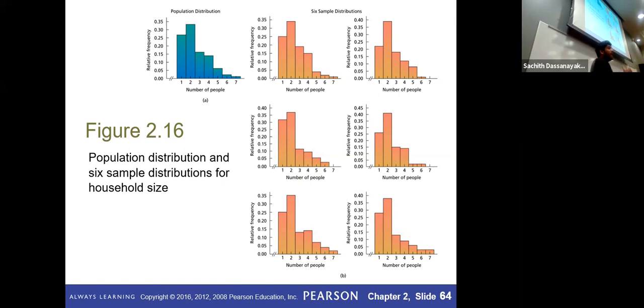The first one means the actual distribution of that data. Why actual? Because that one is based on the population. If we are dealing with the population, that is the actual thing, right? A sample means something we have taken from that to do our analysis. Once you check those 6 sample distributions, you can see they are similar, not perfect, but similar. Especially the first one, the second, third, fifth, and sixth ones.